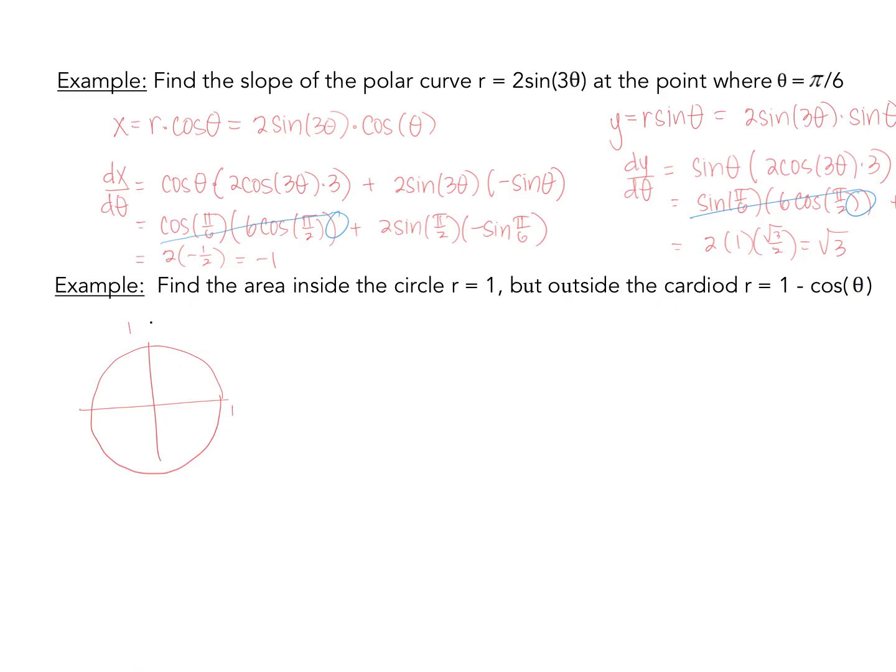Polar mode, yep. So your window should have 0 to 2 pi for your theta with a pretty small step. Your x's, I would maybe do -5 to 5 or -3 to 3, just because we're talking about a radius of 1, so it's not like this is going to be gigantic. So I end up with a graph that looked like this. That was mine.